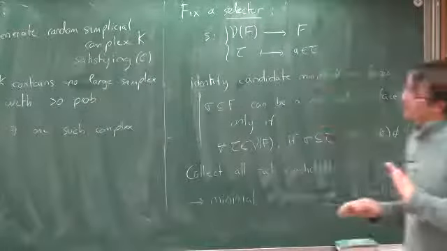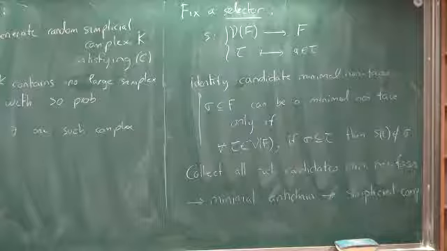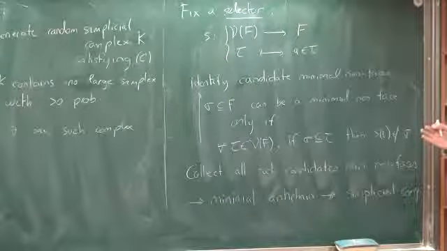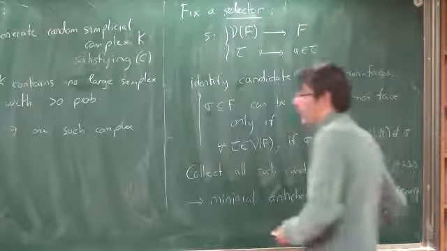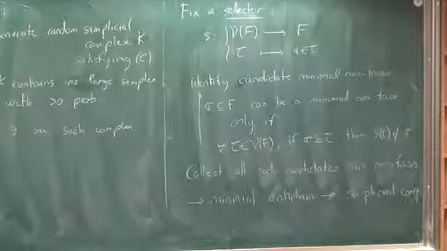And perhaps in two sentences, how the upper bound can follow. With this type of selector, if we have a large simplex, that gives us a very particular structure in some incidence matrix.